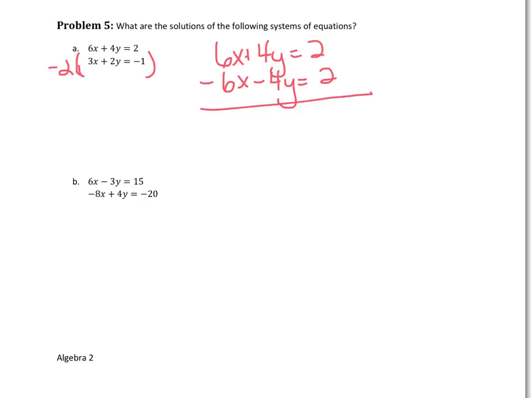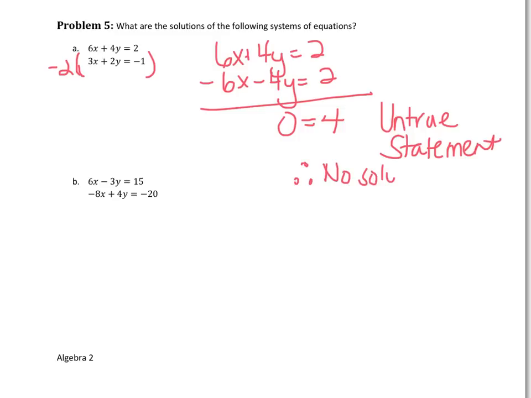All right, I'm going to add, and the x term eliminates. 4y and a minus 4y also eliminate, leaving me 0, and 2 plus 2 is equal to 4. Notice that 0 equals 4 is my solution. 0 never will ever equal 4. So my answer is no solution to this system. This would be a set of parallel lines if you were to graph them.